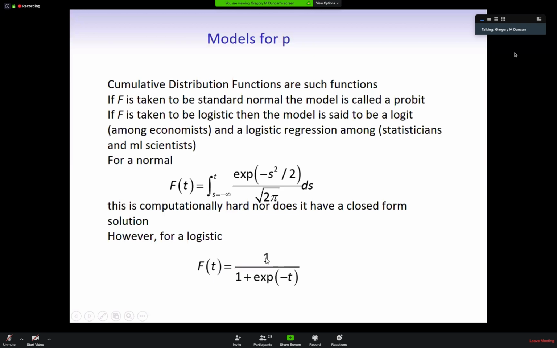Exp to the minus t is going to be exp to the infinity. So 1 over 1 plus infinity is 0. Of course, you have to take a limit to do that right. But it basically says f of t is equal to 0 at minus infinity, and you can take the derivative and show that the derivative is always positive.